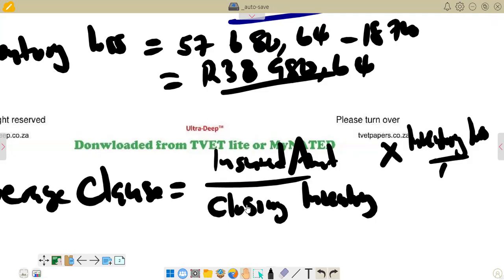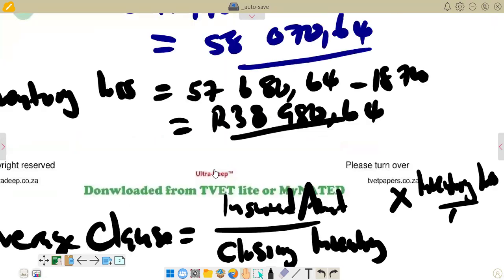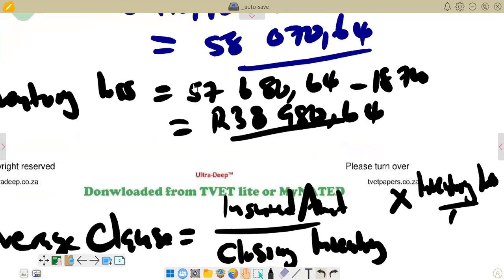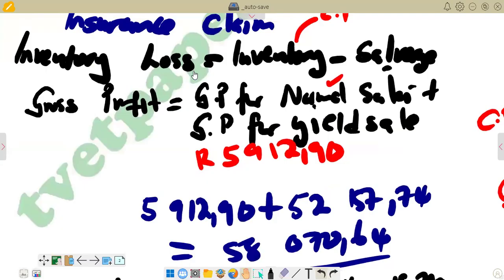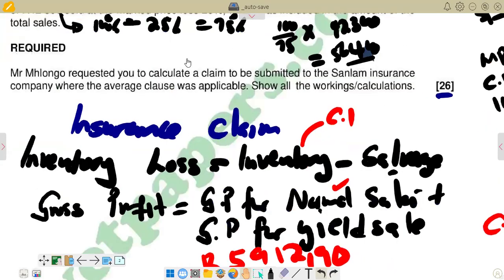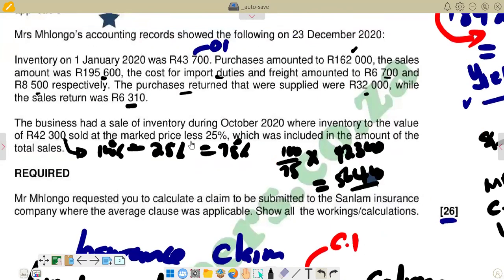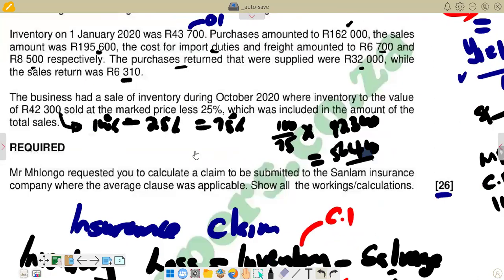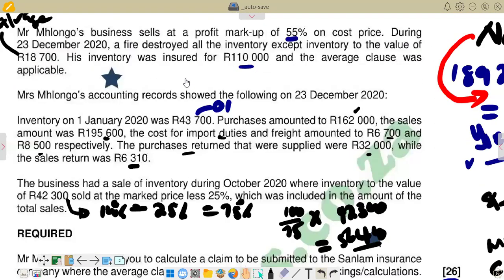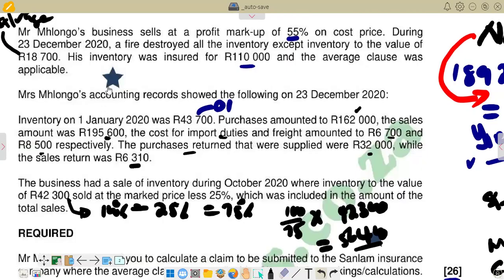The insured amount, we are going to find it in the question. If you go back to the beginning of the question, we are saying that the inventory was insured for 110,000. So this is going to be your insured amount, 110,000.